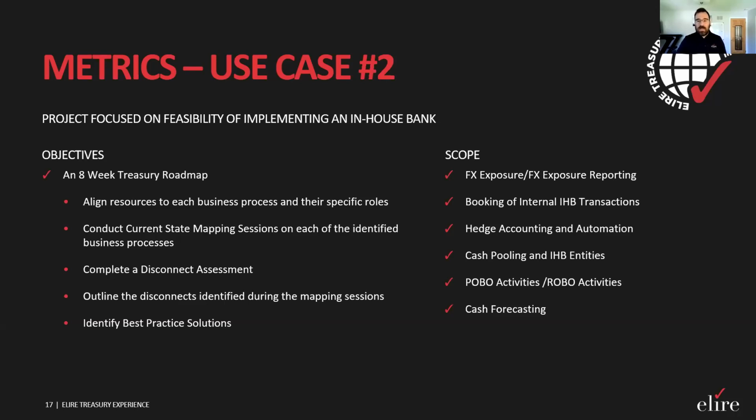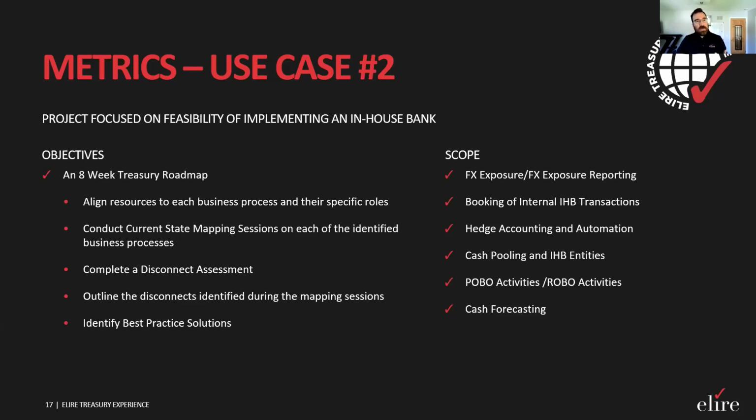We aimed to align resources and business processes, define their specific roles. We did current state analysis on their business processes. We did a disconnect assessment, and we did workshops and current state mapping. And ultimately, we defined best practices, identified best practice solutions for them.